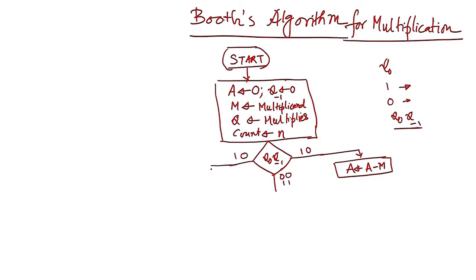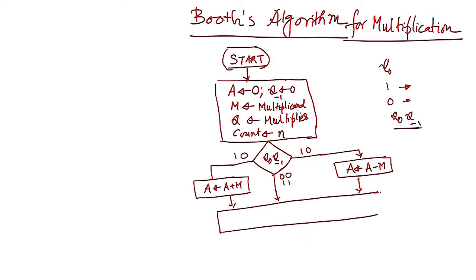Now, if it is 0 1, we will perform addition of the multiplicand. If it is 0 0 or 1 1, we will not do anything, and then we have to do the same thing here. We have to shift on the right side.